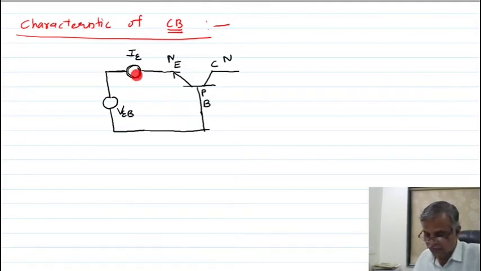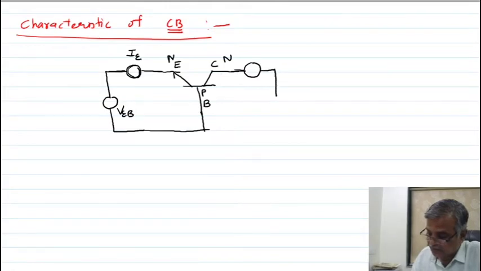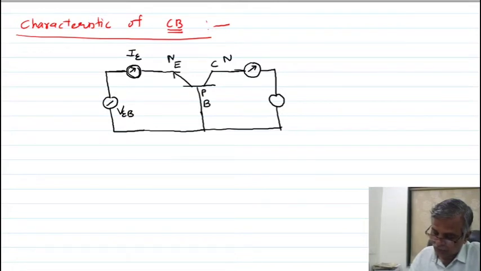So at the input I have to connect a current meter and a voltmeter. At the output I have to connect one current meter, and here I have to connect a voltmeter. This is the output current meter IC, and the output voltmeter is VCB.